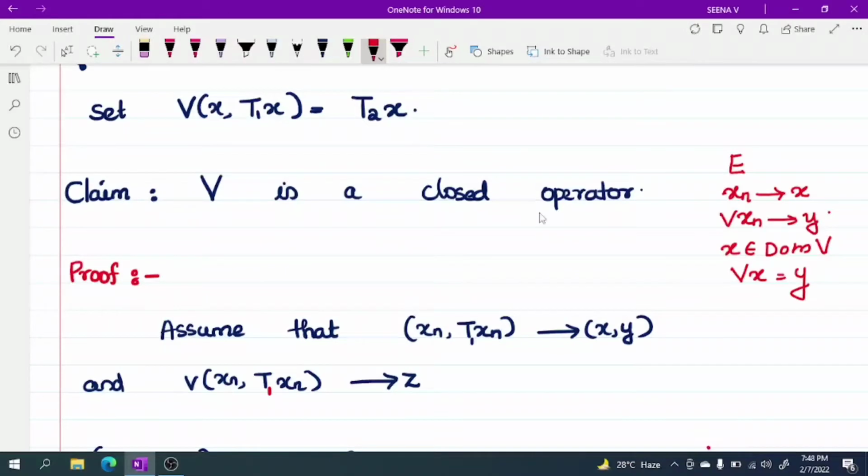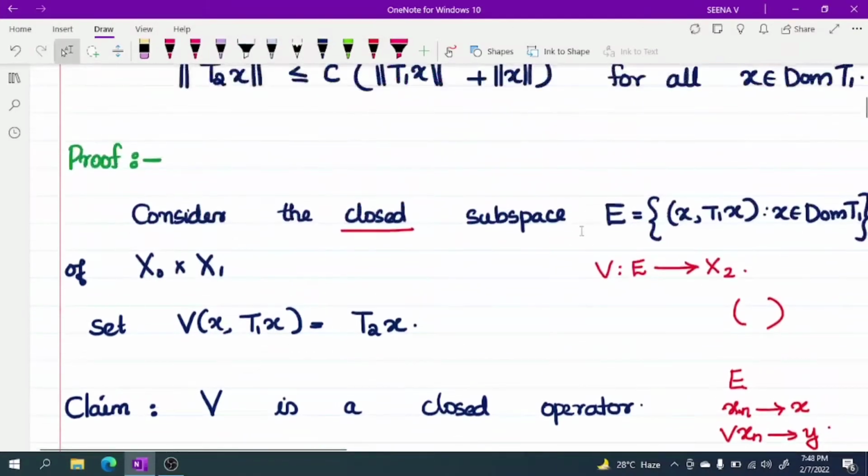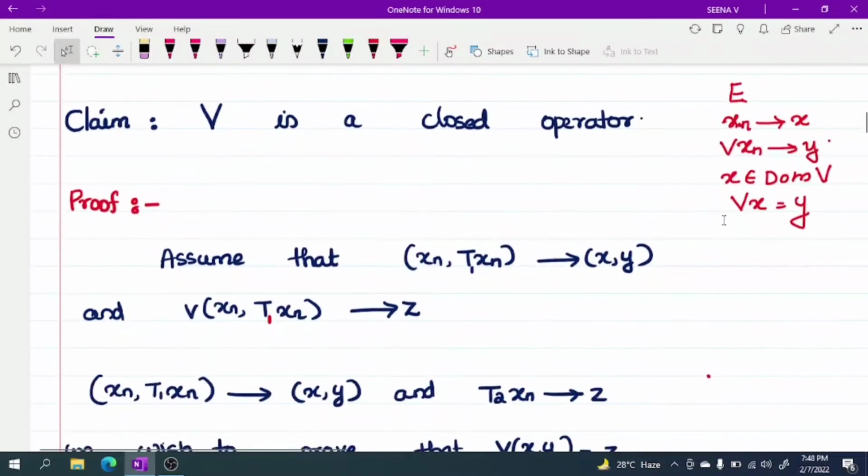Now we have to choose xn in E. E is a collection of ordered pairs, so we choose a sequence (xn, T1xn) that converges to some point, and that point is also an ordered pair.